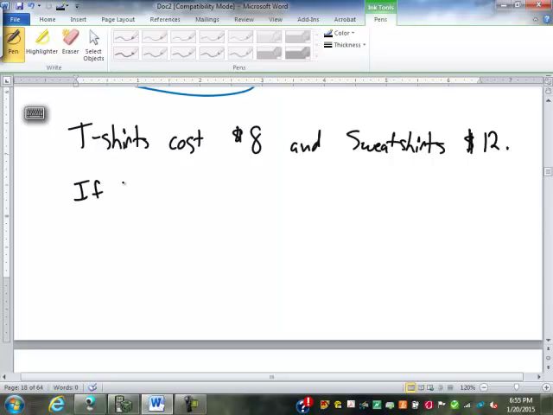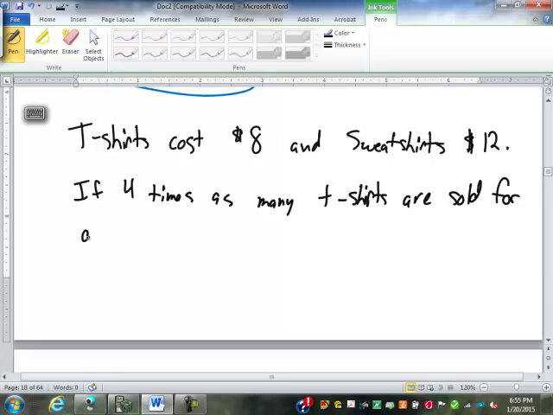If 4 times as many t-shirts are sold, for a total of $2,200, how many of each are sold?